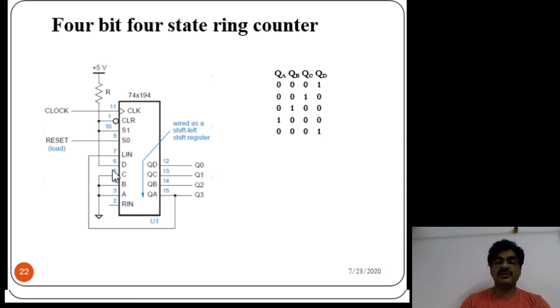Suppose any error occurs, that means any state other than these. In this ring counter, the state values are 1, 2, 4, 8 only, but under 4-bit notation there are 16 possibilities. Because of an error, if any state other than these 4 states occurs, the ring counter should automatically correct itself and come to one of these 4 states.